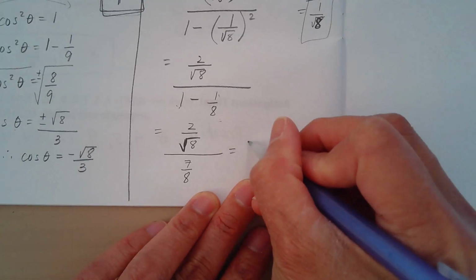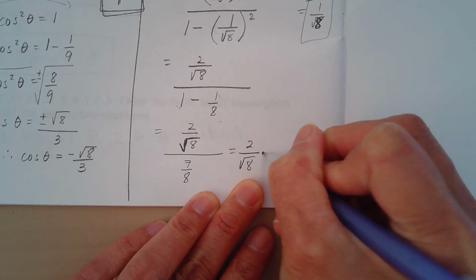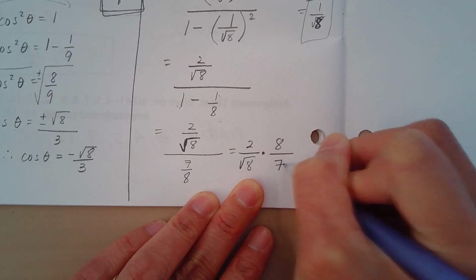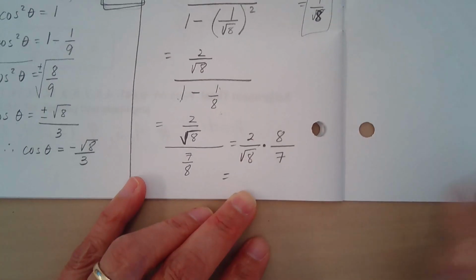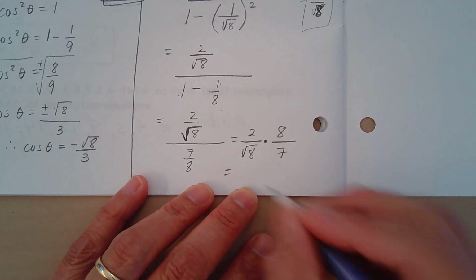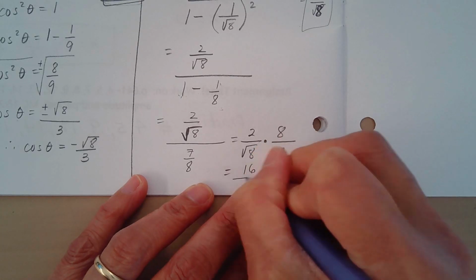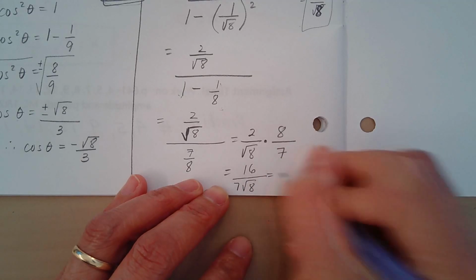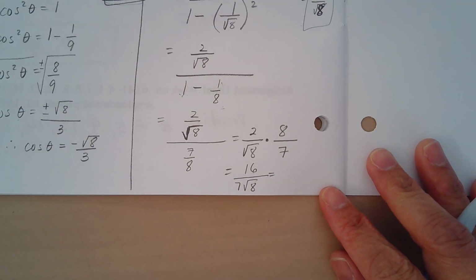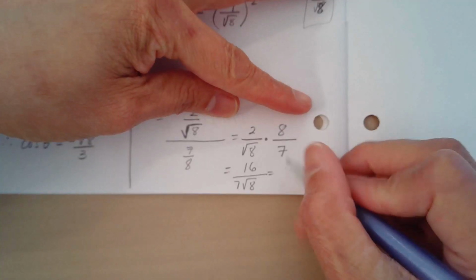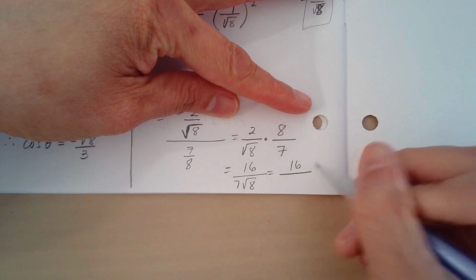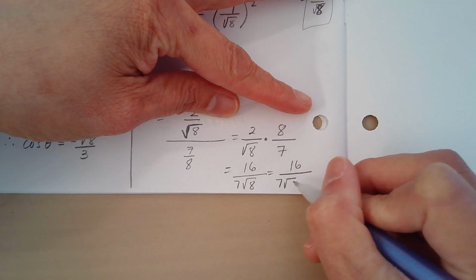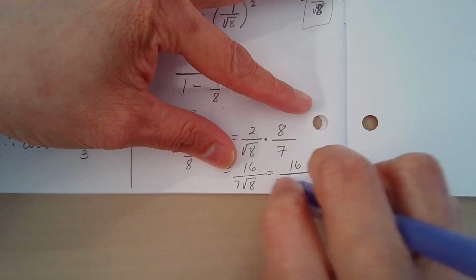Now I can't cancel that yet because this is a root of 8 and then this is just 8. So what do we do? So it's going to be 2 root 8 times 8 over 7. Okay, so that's going to give us what? 16 over 7 root of 8. Okay, I think what we can do is simplify that now. So this becomes 16 over 7 root of 4. Okay, I'm going to simplify this.